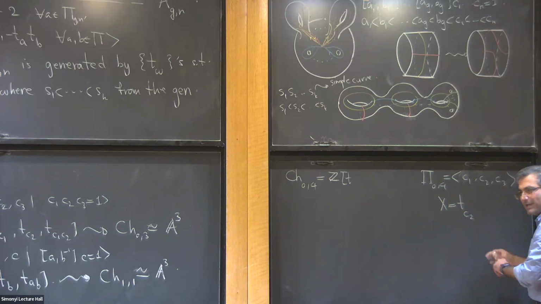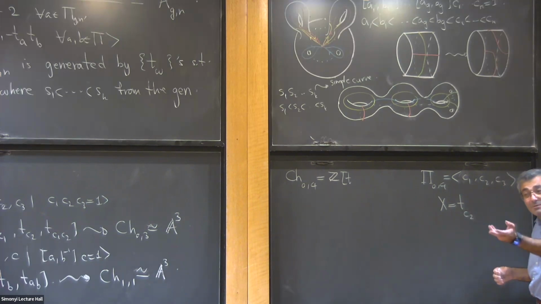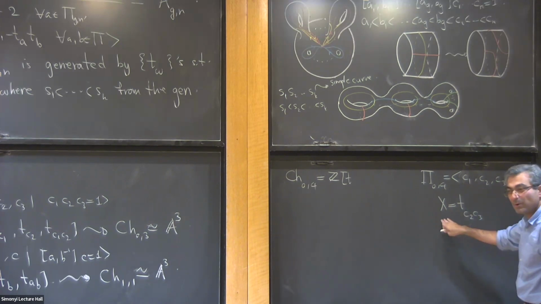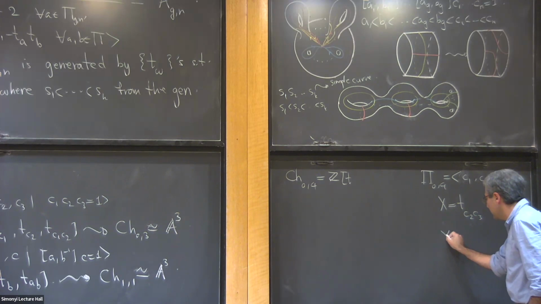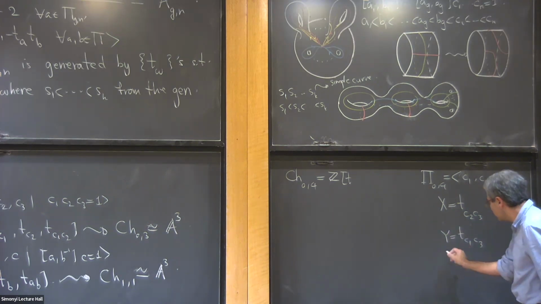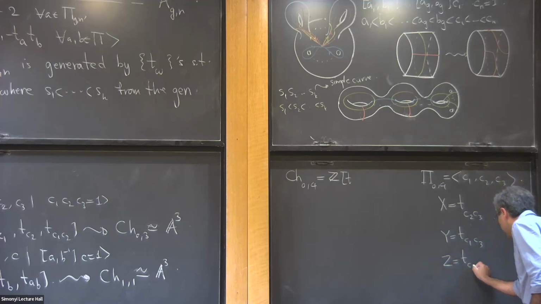So by Horowitz, I have to look at increasing words. That means T sub C1 C2, T sub C2 C3, and because C1 is dropping, I am calling it X. T sub C1 C3, because C2 is dropping. T sub C1 C2, because C3 is dropping.